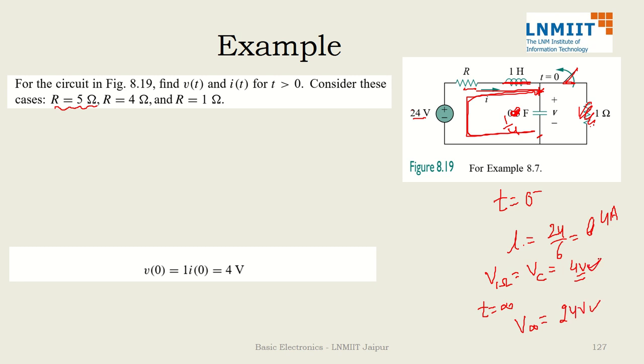So these are some initial things that I should have before I start the analysis, and you can realize that at t equal to 0 plus, this is gone, and I have a series RLC circuit with a source. So I am simply going to go back to my natural response analysis, analyze this circuit with R equal to 5, L equal to 1, C equal to 1 by 4.